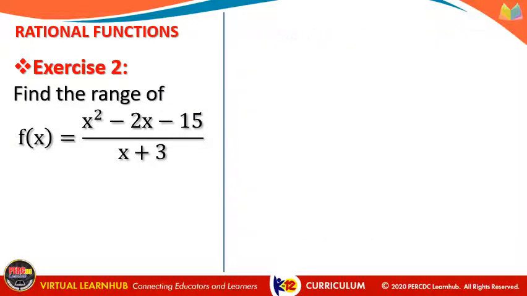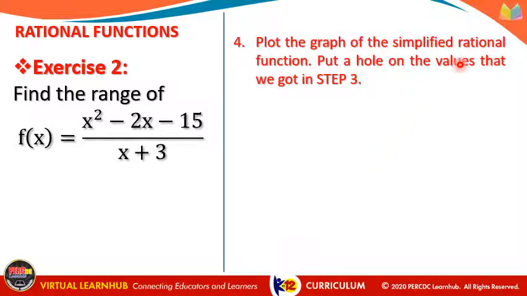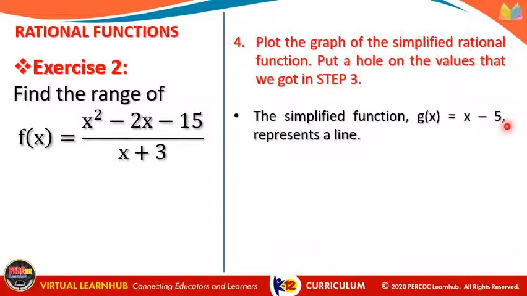Alright, let's plot the simplified rational function. Again ang plina-plot mo yung na-simplify. Hindi yung original. Yung na-simplify. Okay. And then put a hole on the value that we got in step 3. Ano ba ang masasabi natin about sa x minus 5? Hindi ba ang x minus 5, this is a line. The x-intercept is 5, 0.